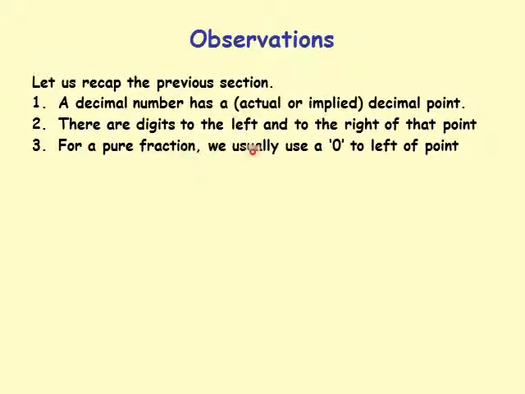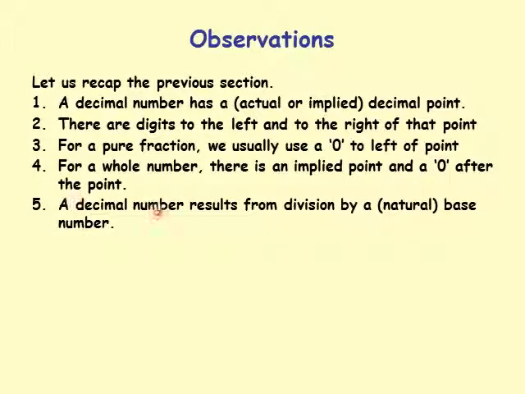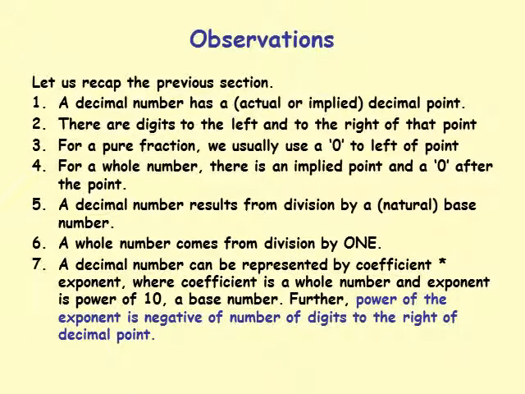For a pure fraction, we usually use a 0 to the left of the point. For a whole number, there is an implied point and a 0 after that. A decimal number results from division by a natural base number. A decimal number is a fraction, usually a mixed fraction, and comes from division just like common fractions do. A whole number comes from a division by 1.